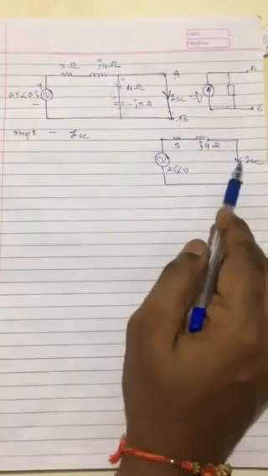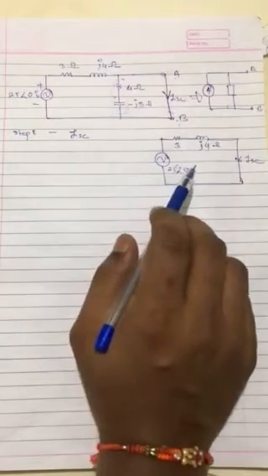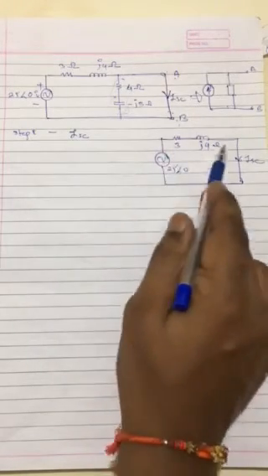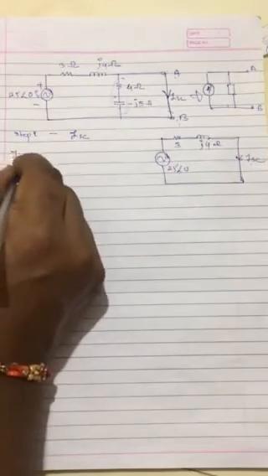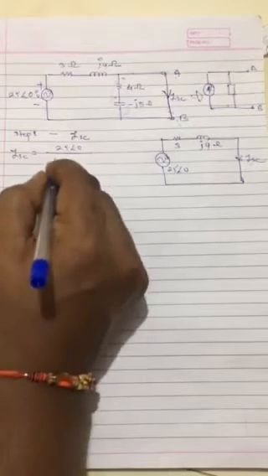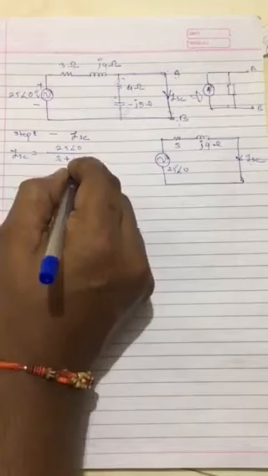Now how to find the current? Again, simple Ohm's law, I equal to V by R. In our case, this voltage divided by this impedance is nothing but this current. So I can say ISC equals the voltage, which is 25 at an angle 0, divided by the impedance, which is 3 plus 4j.